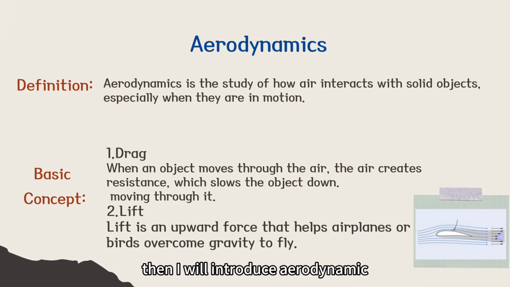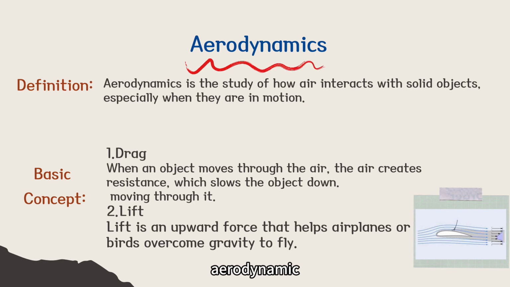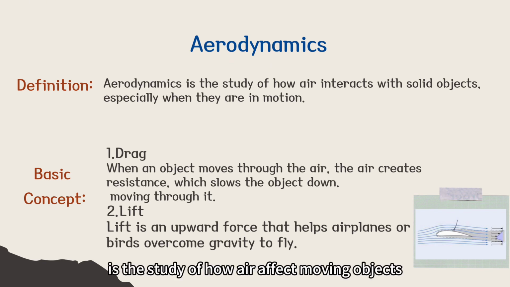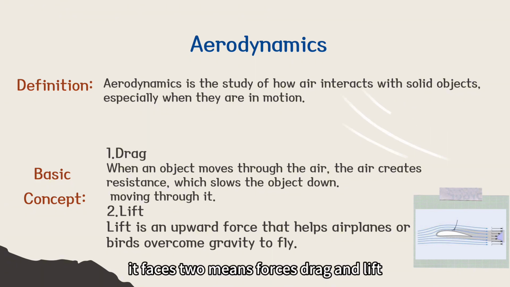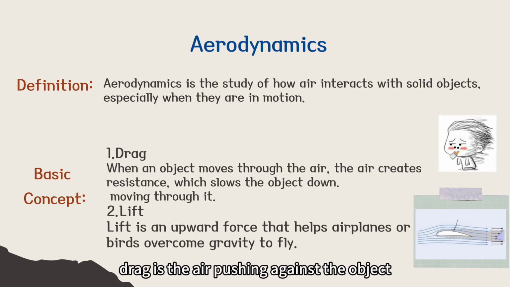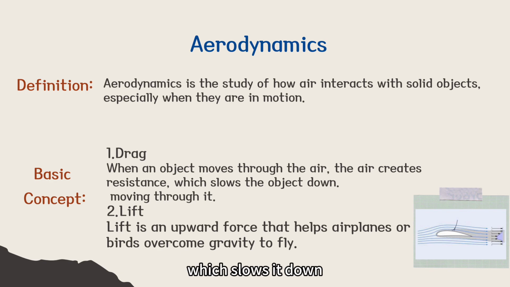Then I will introduce aerodynamics. Aerodynamics is the study of how air affects moving objects. When something moves through the air, it faces two main forces, drag and lift. Drag is the air pushing against the object, which slows it down.